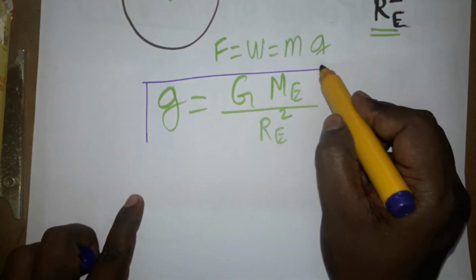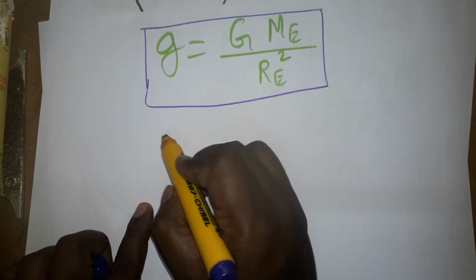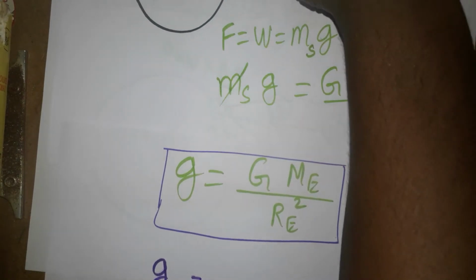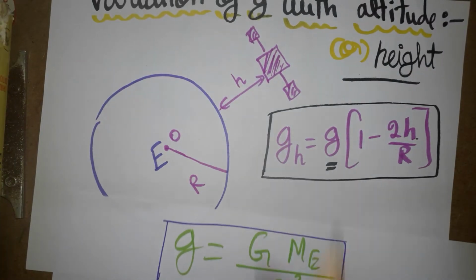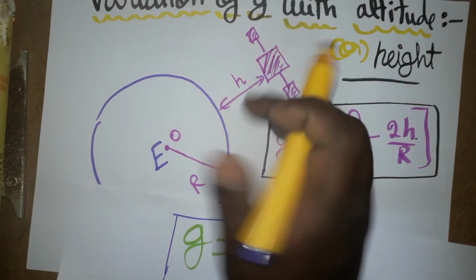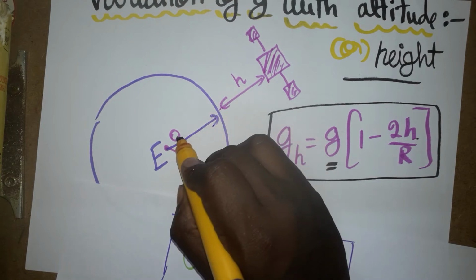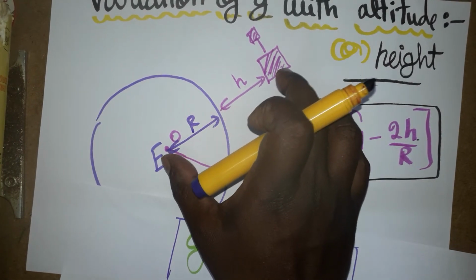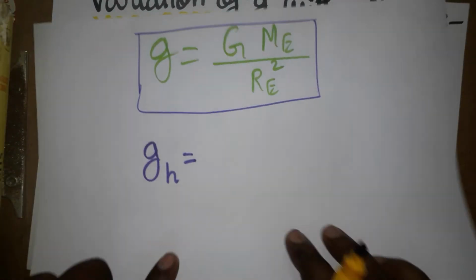Our question is, what is the gravitation at some height? Gravitation at some height is the unknown. From the center, the distance to the surface is r and the height is h, so the satellite's total distance is r plus h. That is the place we want.